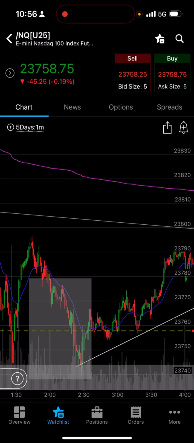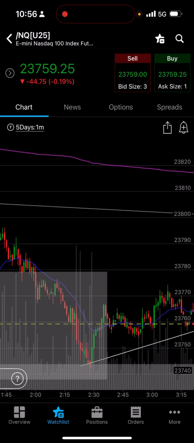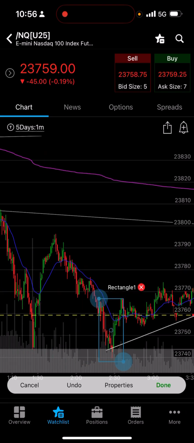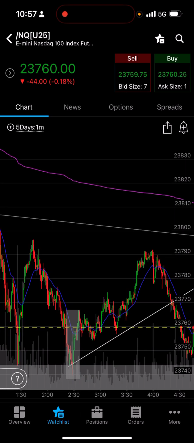As you can see there, we bounced up pretty significantly in this area right here. So I know there was buyer demand there.